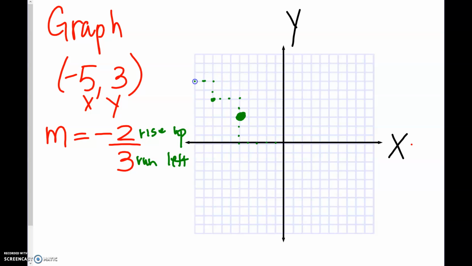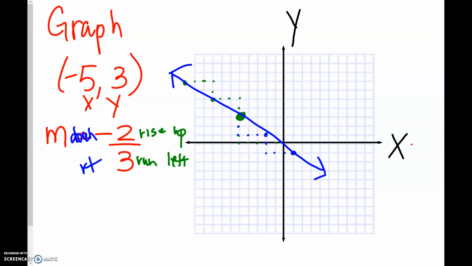Okay, now some of you aren't going to do that. Some of you are going to say, well, that's a negative, so I'm going to go down, and this is a positive, so I'm going to go right. So let's go down 2, right 3, down 2, right 3. Are all of these dots in the nice, same straight line?